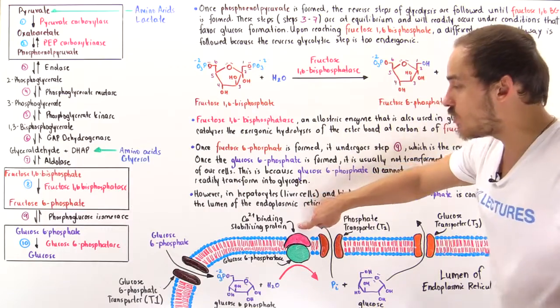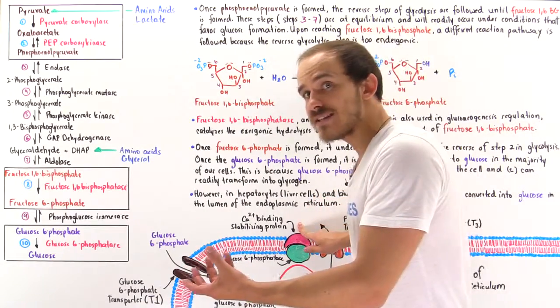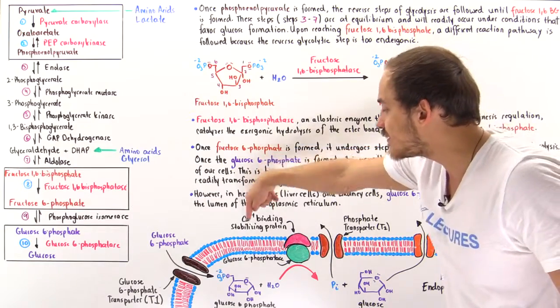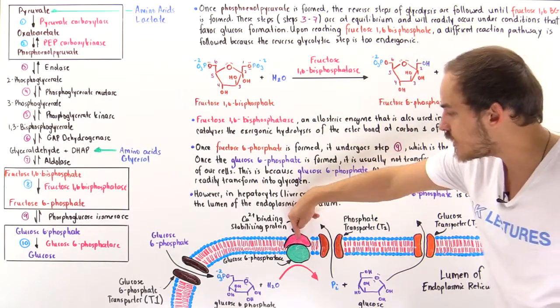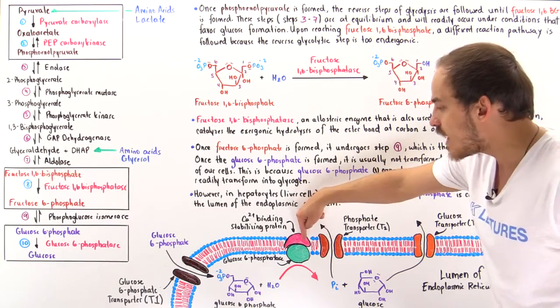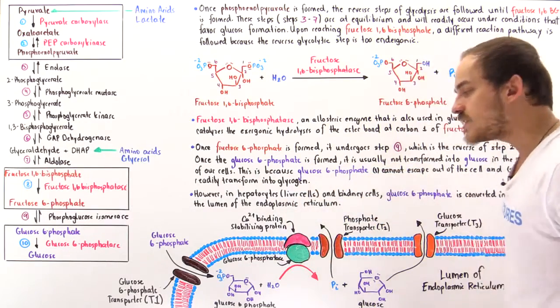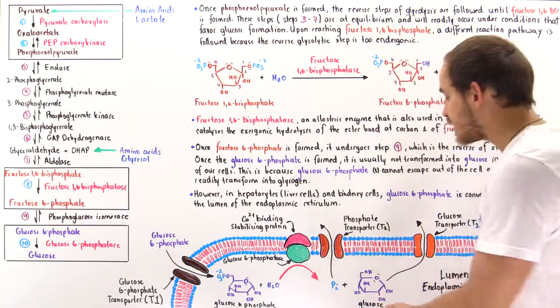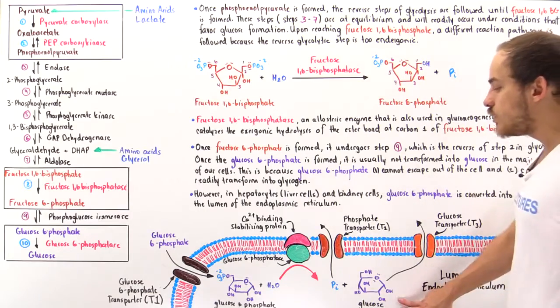On top of that, we also have another protein that assists with this process, known as the calcium binding stabilizing protein. So this here is the calcium binding stabilizing protein that assists the glucose 6-phosphatase to carry out its function of transforming the glucose 6-phosphate into glucose.